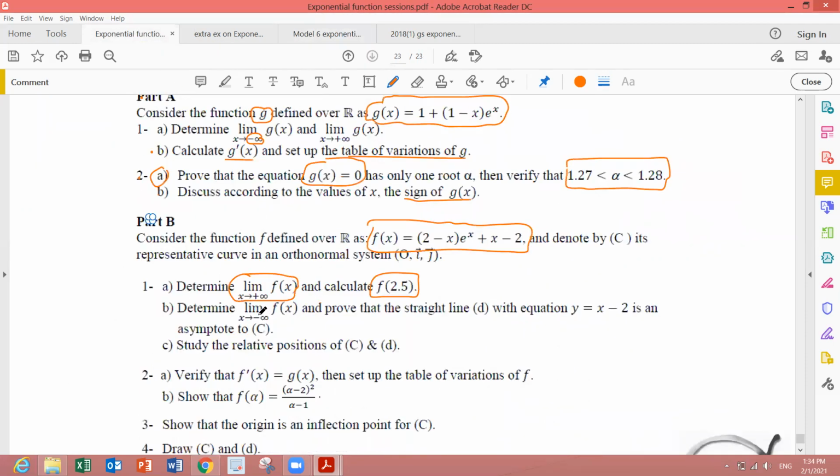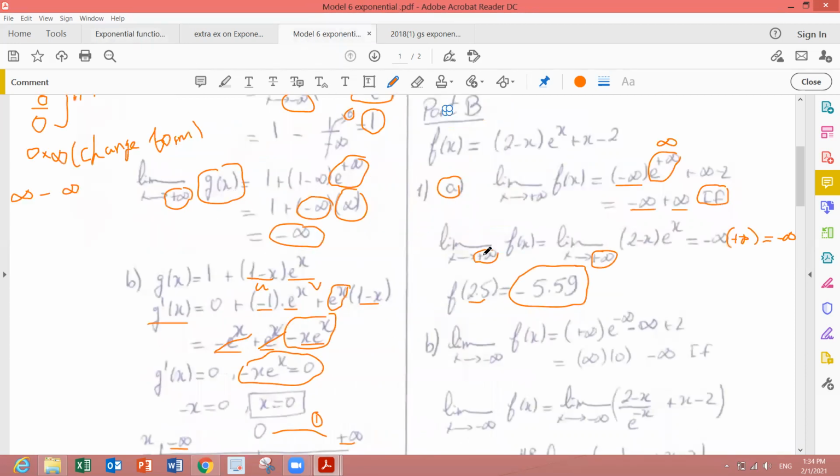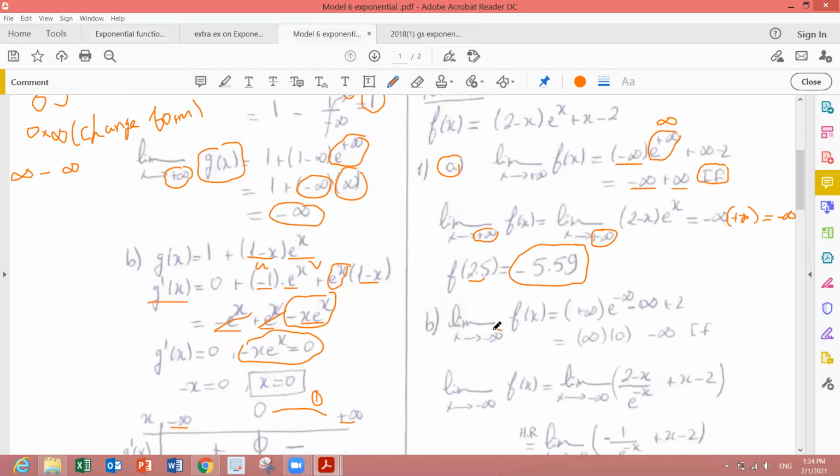Part B, limit as x tends to minus infinity of f(x), and prove that the line D, y equal x minus 2, is an oblique asymptote to C. So the limit as x tends to minus infinity of f(x), we replace each x by minus infinity.